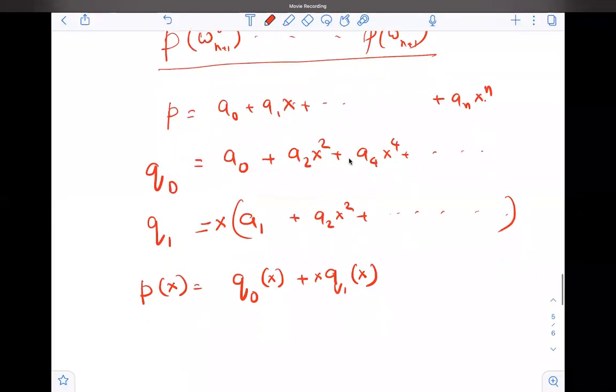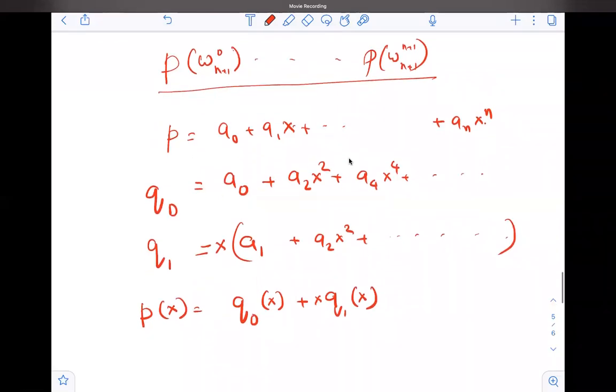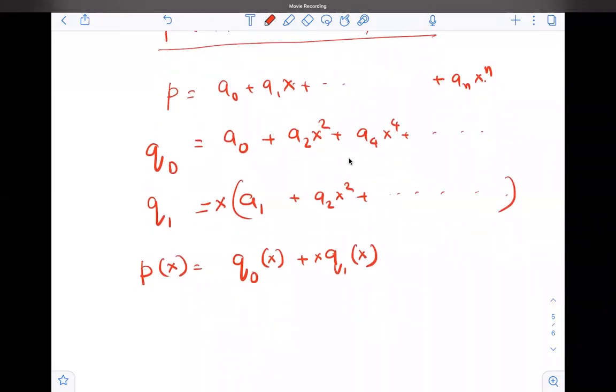But what is it that we want? We want the evaluation of P at all the points.